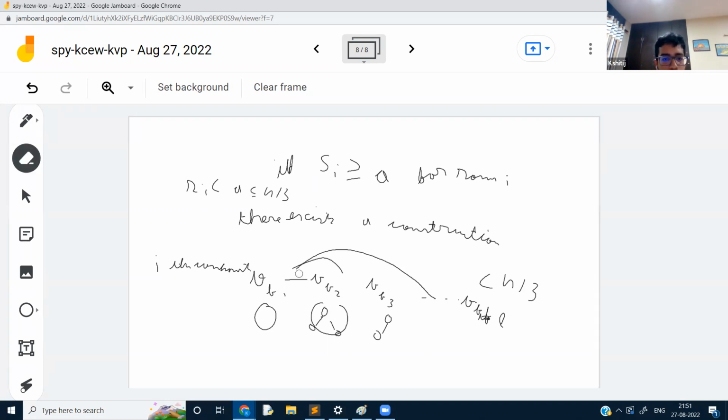Like there's a depth first search we do. And so if we go from here to here, and the total number of nodes, S of V1 plus S of Vk and so on, is at least A, we exit.